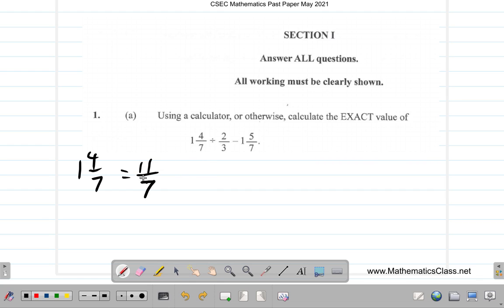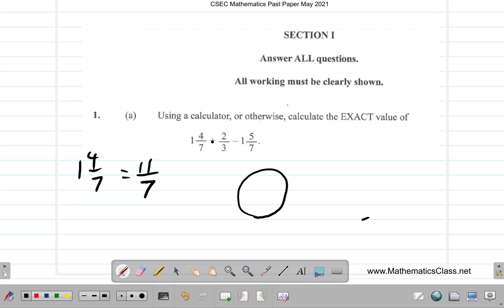Now, just look at how this works, because you might remember that 7 times 1 is 7 and 7 plus 4 is 11, but let's see what happens behind the scenes. You see 1 and 4/7 means 1 whole plus 4/7.